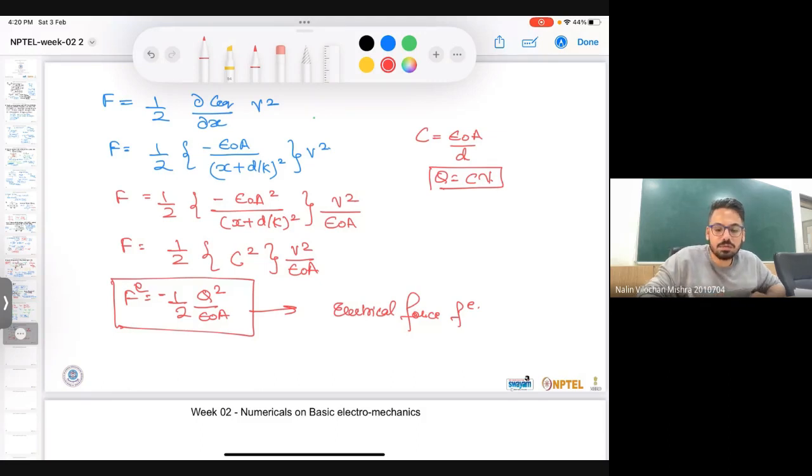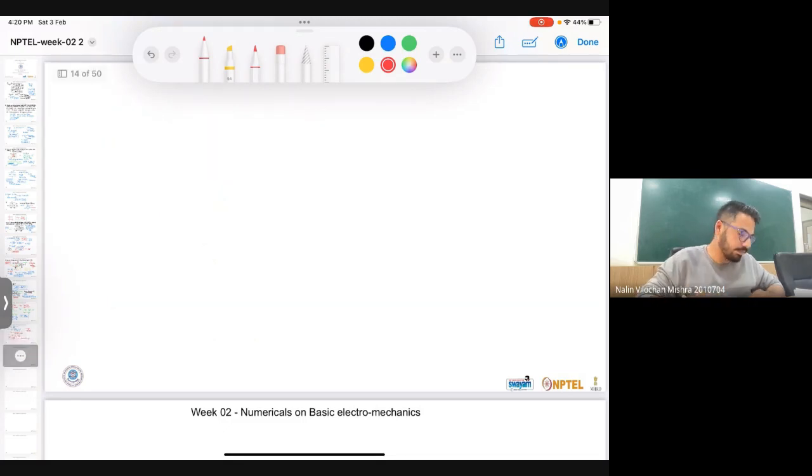I hope it's clear. So these are the type of capacitance questions that you can get in your exams.